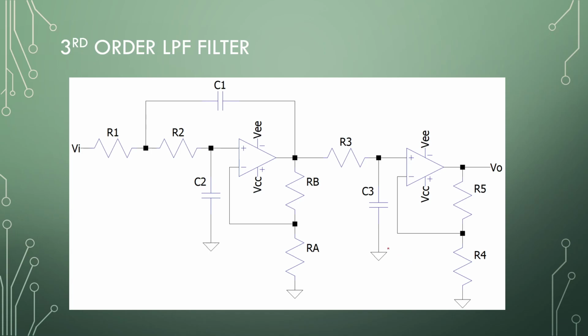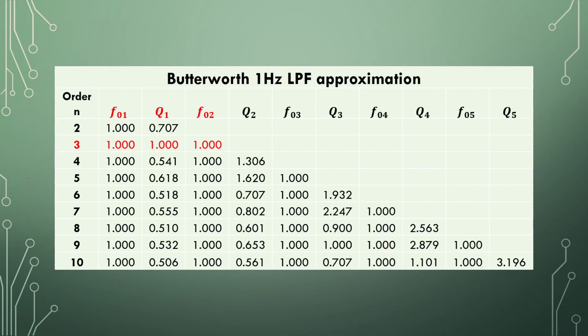Since this should be Butterworth and third order, let's go to the table. So third order right here, and F01 is 1, Q1 is 1, and F02 is 1. This is the KRC section, and this is the first order filter that we must design.